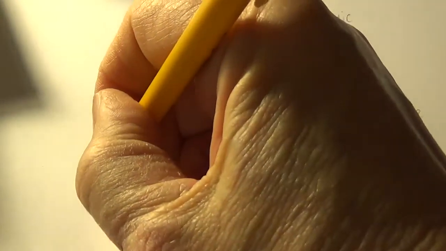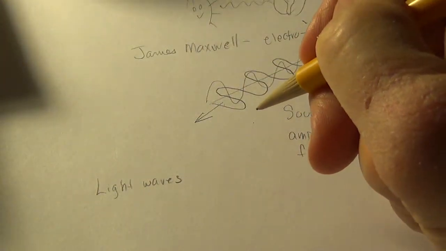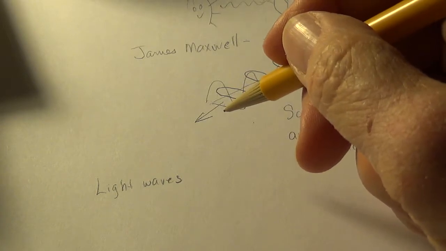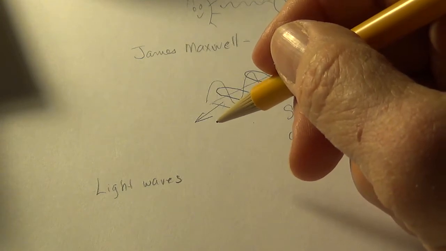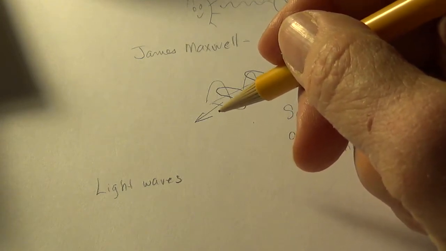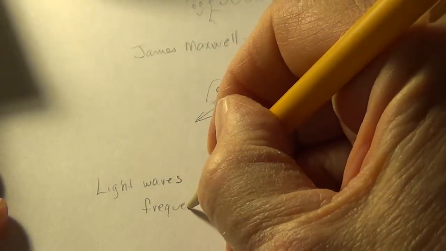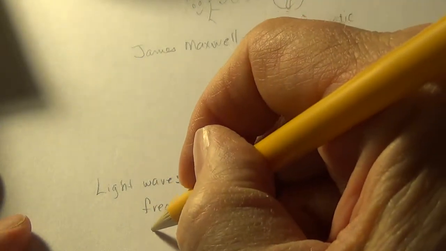All right, so let's go on and talk about similar things with light waves. So when we talk about light waves, now this is something you can write down. Any spot you can find along on that, it won't take much room. But light waves also have characteristics that are dictated by frequency and amplitude.